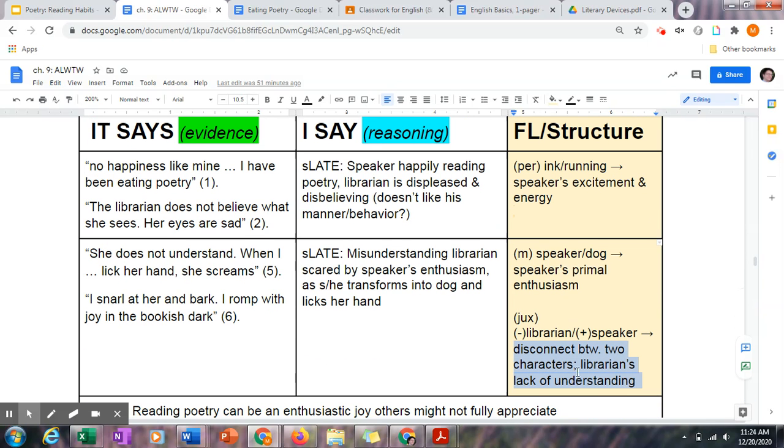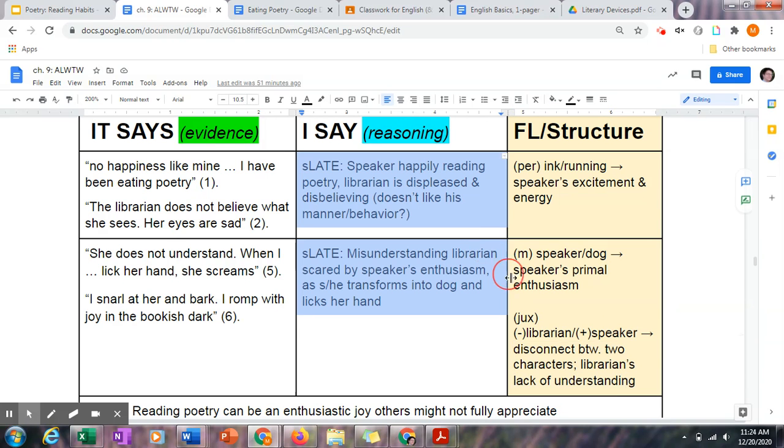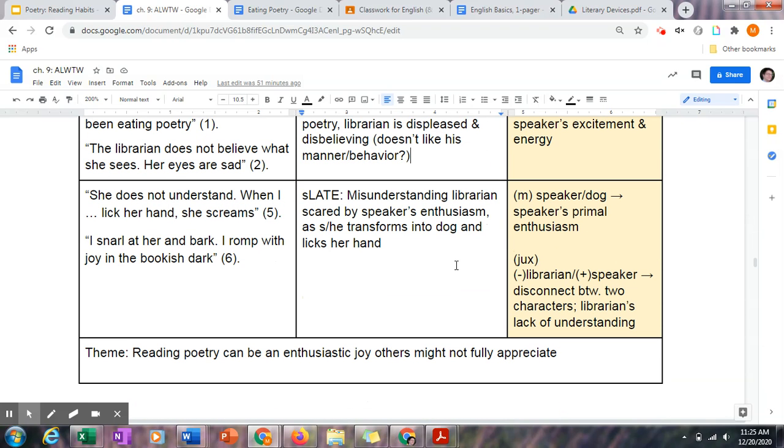Now, finally, like I would with any fiction text that I finish, to get the theme, I would quickly scan my notes one last time and ask myself, overall, what's the message the author's trying to give me? What lesson should I be getting as the reader? I think the big ideas here are that the speaker is so enthusiastic and joyfully, excitedly reading poetry, but there's something about that enthusiasm that the librarian just doesn't get.